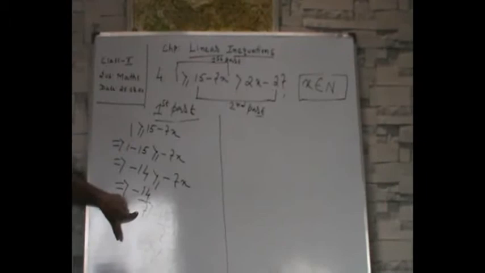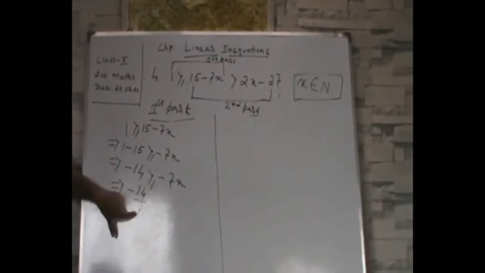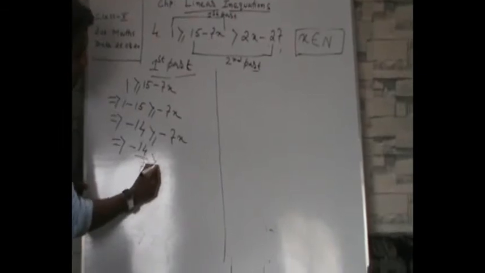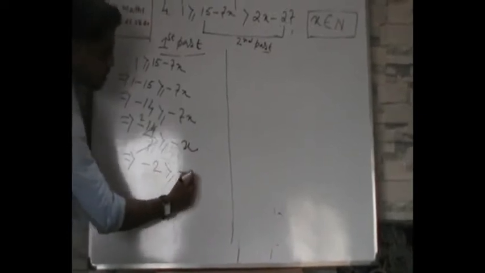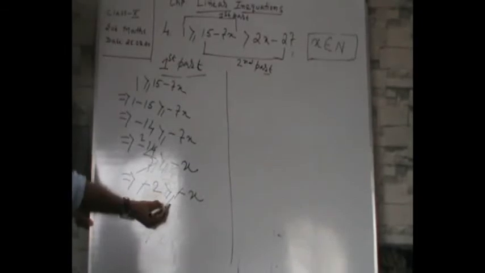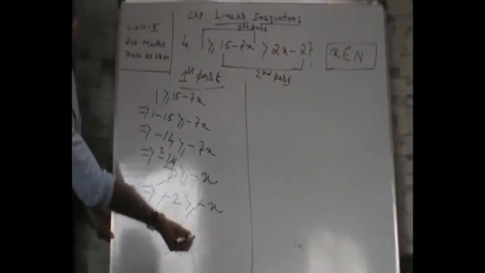Minus 14 by 7, because when this 7 comes to this side, it is in denominator form. 7 twos are 14, so it will be minus 2 greater equal minus x. Now we are finding the value of positive x, not negative. For that reason, we are going to cancel out the minus sign on both sides, left hand side and right hand side. One thing to remember: when we cancel out the minus sign on both sides, at that time this sign which is greater equal is now converted into lesser equal form. Okay?